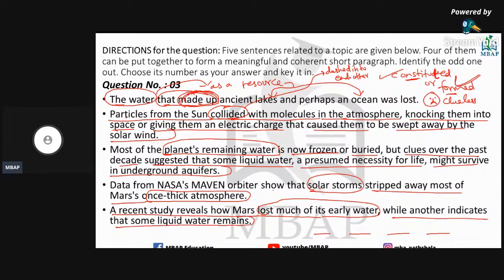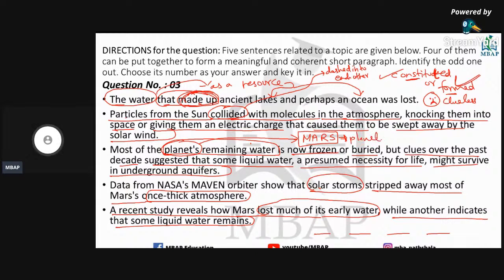Some liquid water remains. So, guys, when we read sentence 3, most of the planet's remaining water, we did not know which planet is being talked about. Some of you must have thought of Earth, our planet, but that's wrong. After reading the fourth and fifth sentences, we realize that the planet being talked about in this context is Mars.